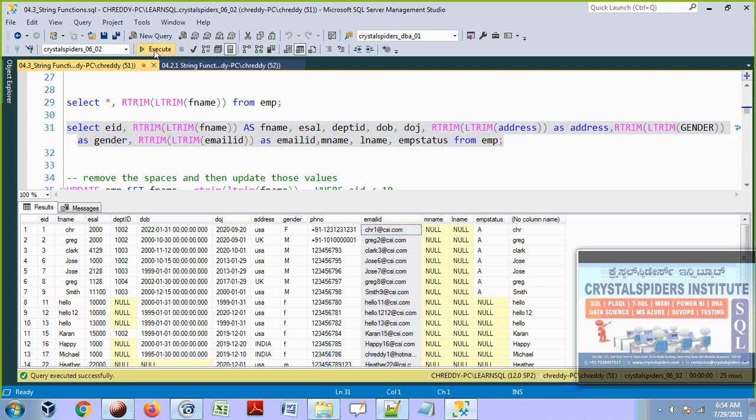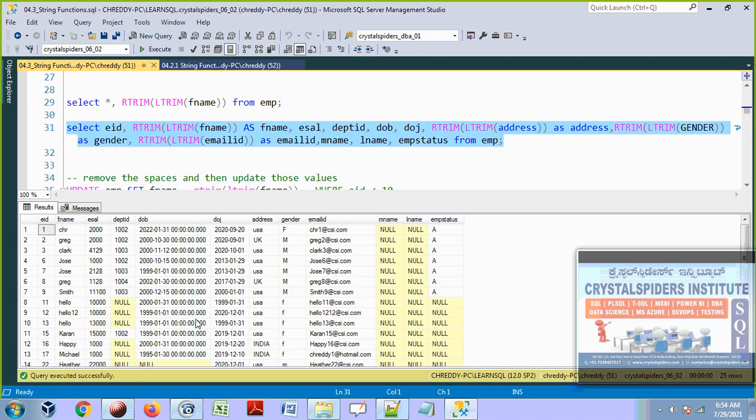Wherever you use LTRIM, RTRIM, that is the F name column, address column, gender column, and the email ID column.